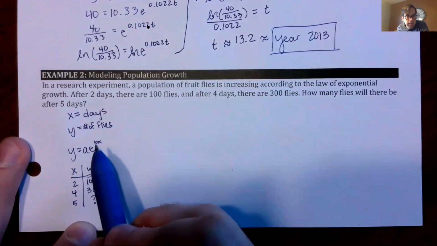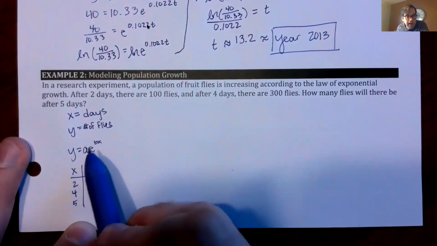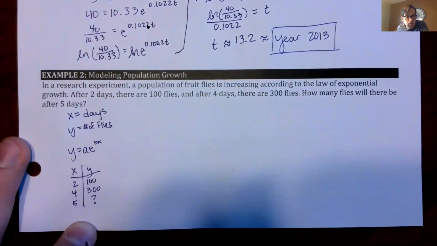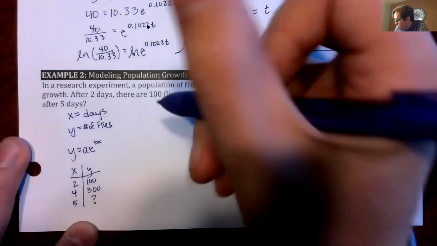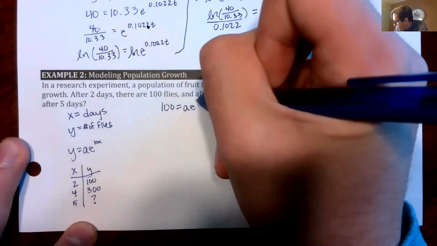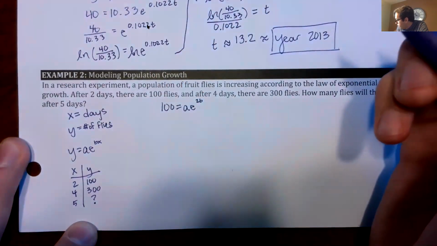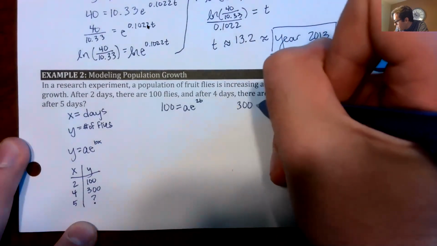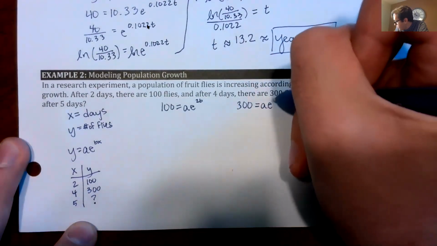And we have 2 different constants that we need to find, A and B. So what we can do here is set this up as a system of equations. So the first equation is going to be 100 equals A e to the 2b. And the second one is going to be 300 equals A e to the 4b.